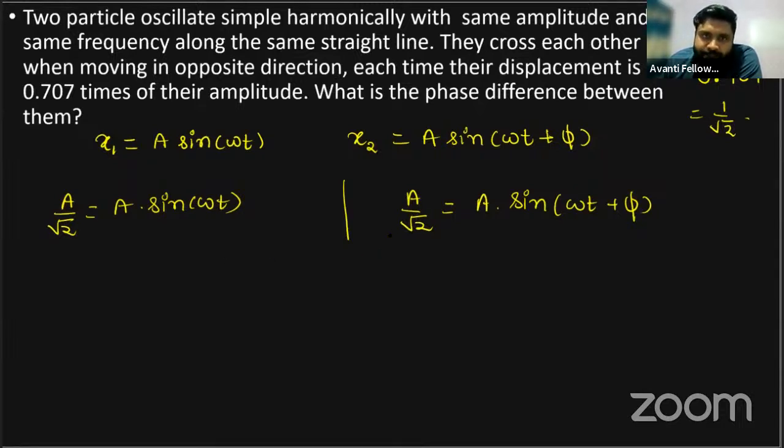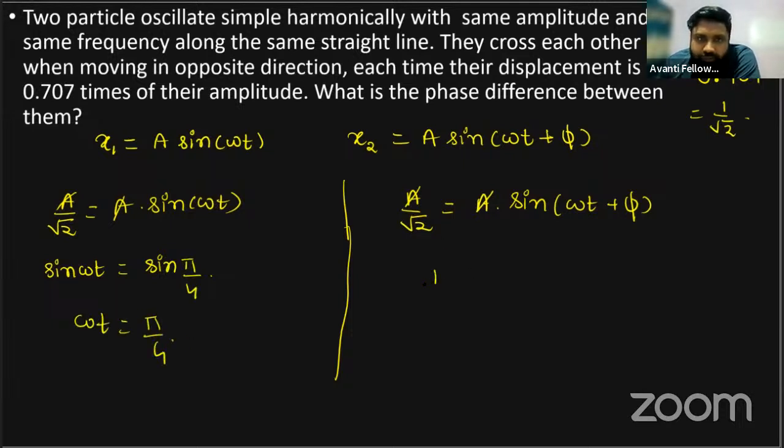Now A and A will cancel out in this case also. So it will become sine omega t equals sine pi by 4. So omega t has a value of pi by 4 here. Here also, it is 1 by root 2.